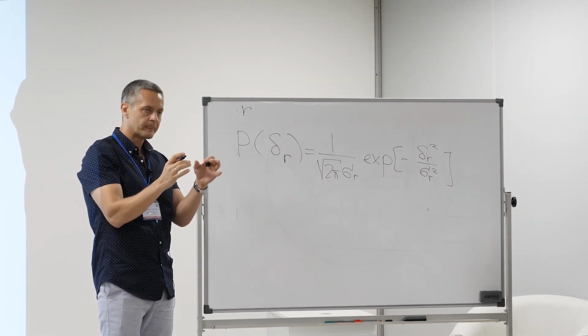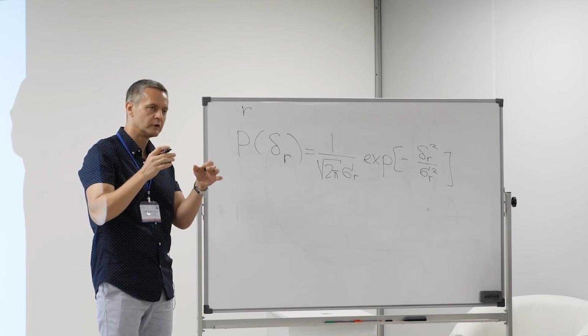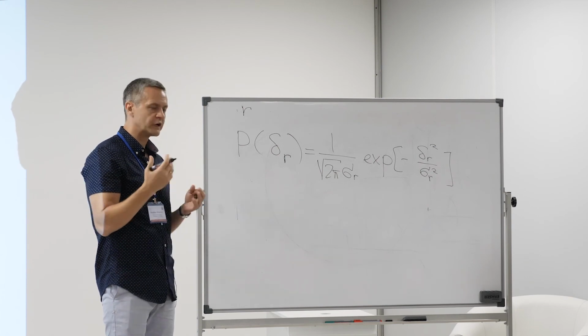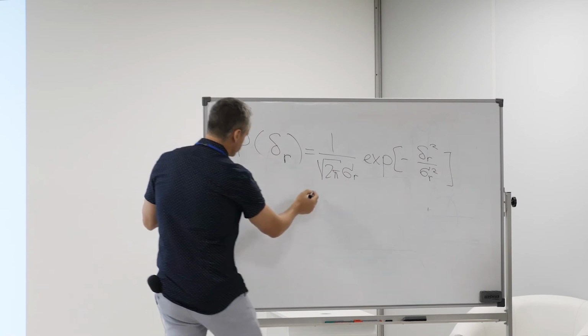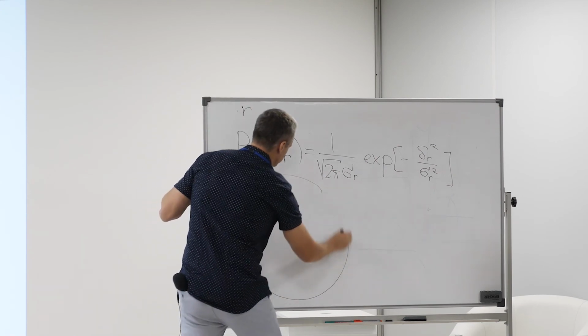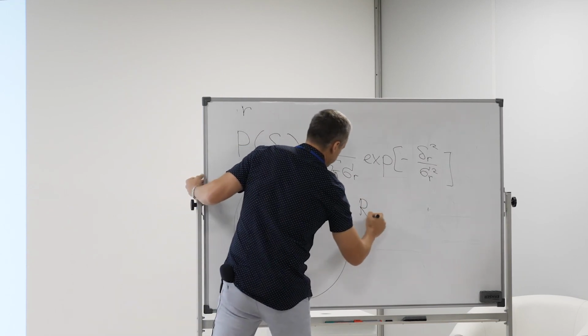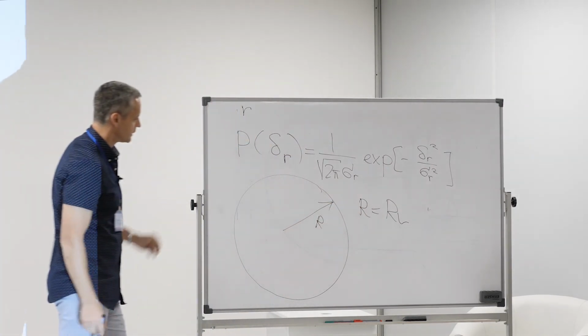So your question was about sub-peaks, and why I can assume that they're Gaussian. What's the alternative? I'm considering the collapse of a perturbation on some large radius R. This R corresponds to a Lagrangian radius that's set by the mass of the perturbation.